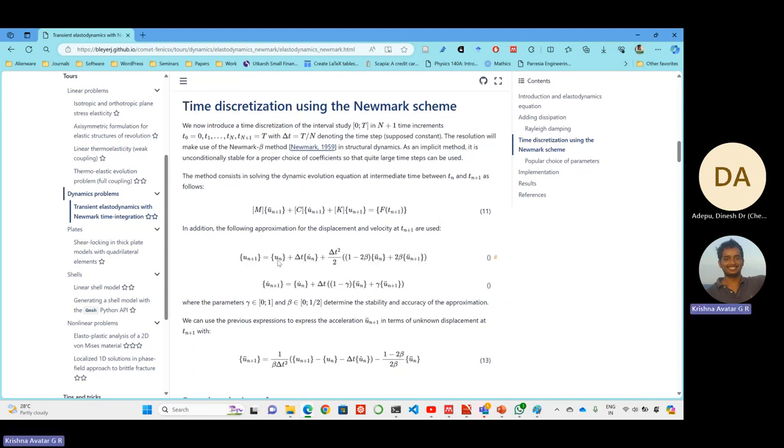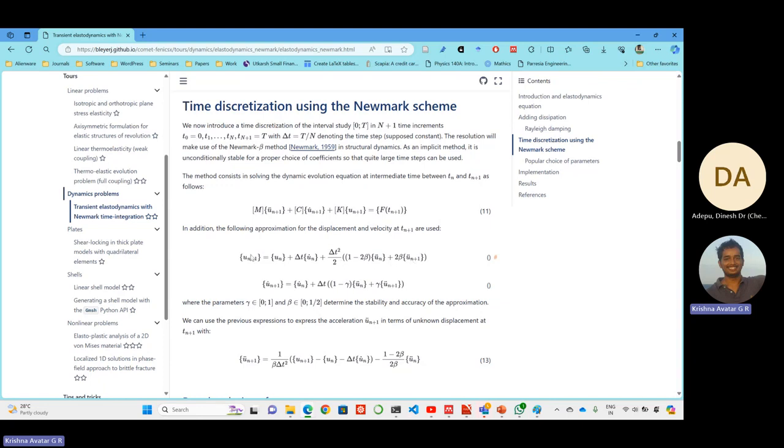These two equations are actually the workhorse of the Newmark beta method. What we are doing is expressing the displacement at n plus 1 using the displacement at the previous time step, the previous velocity, and some weighted average of acceleration at the previous and the current values.